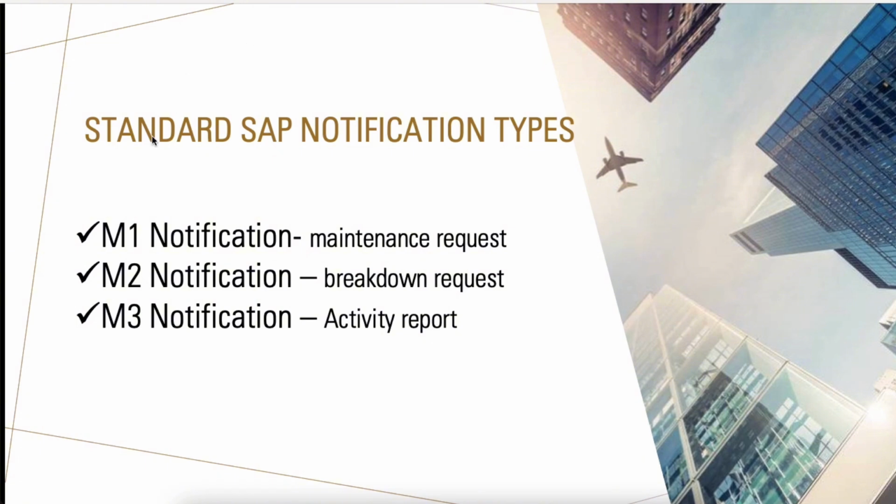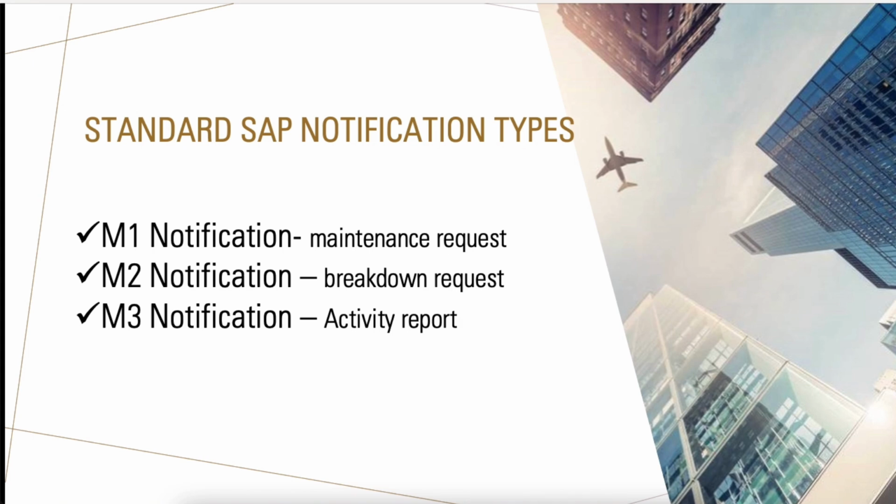Now, I don't know if we've experienced this type of situation where when we create a work order, either a PM02, you realize that there is always an automatic notification that is generated to it. There is always a notification attached to that particular work order.